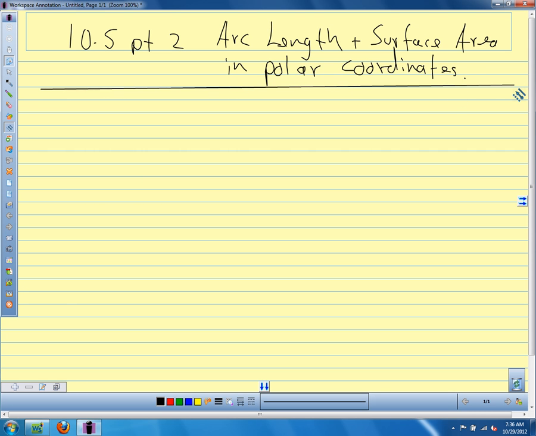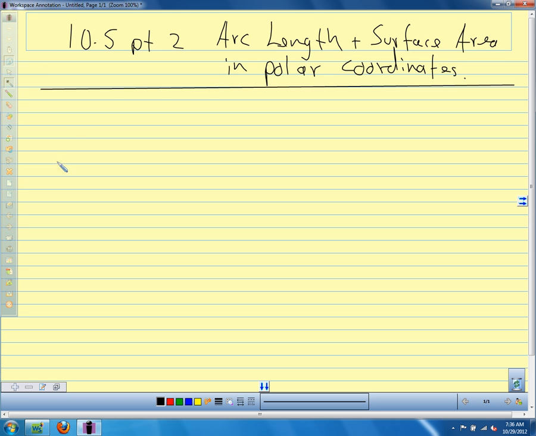So we're going to talk about arc length and surface area. What we're going to do is take what we already figured out about arc length and surface area in parametric equations and just apply that to the parametric form of our polar equations.